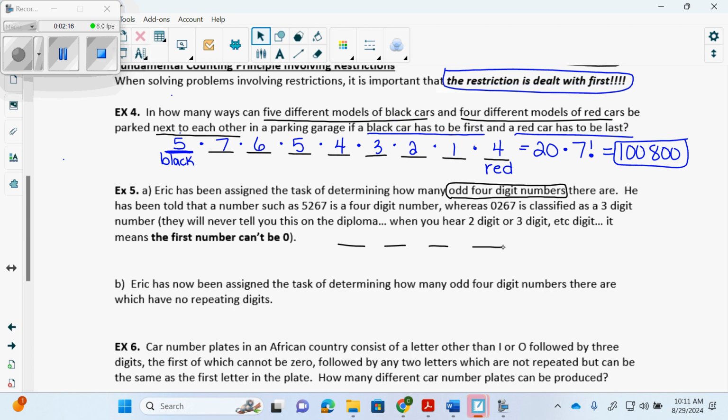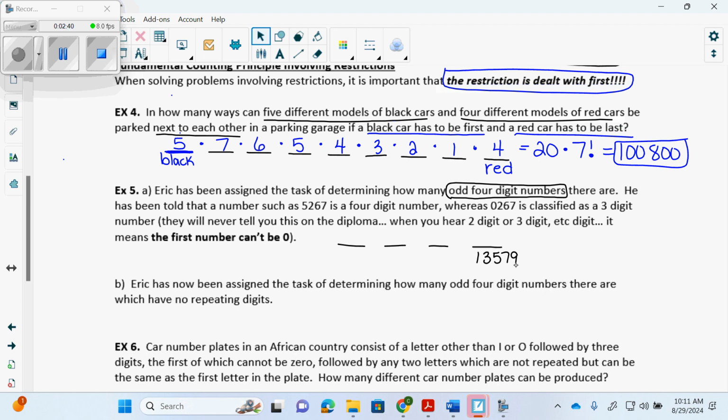But if it says odd, I can only have what numbers for that back blank? 1, 3, 5, 7, and 9. So I put them back here. I can have 1, 3, 5, 7, and 9 here. Yes?